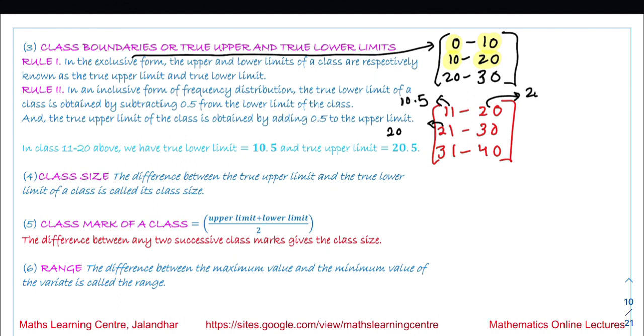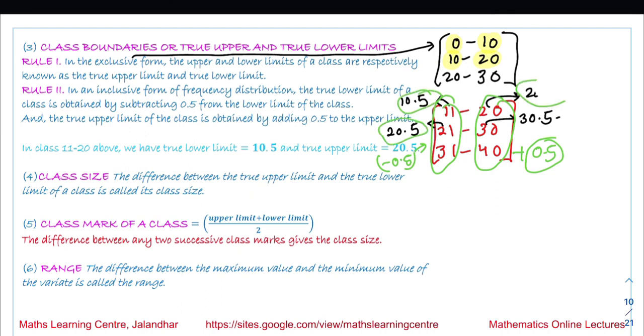Over here the lower limit is 20.5 and the upper limit is 30.5. So what we are doing is adding 0.5 to all the upper values and subtracting 0.5 from all the lower values. The values 10.5, 20.5 are the true lower limits, and 20.5, 30.5 are the true upper limits.